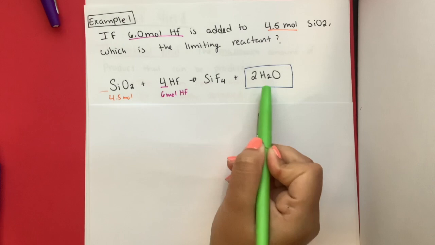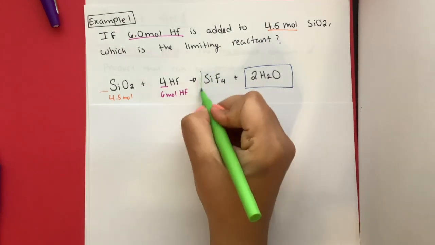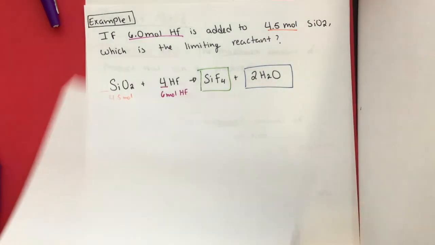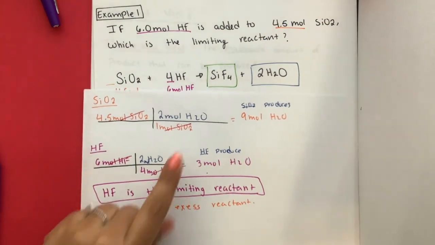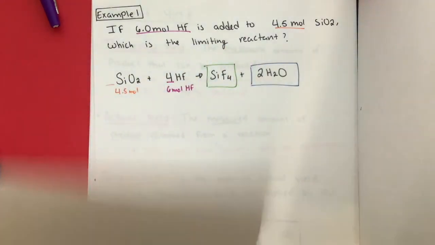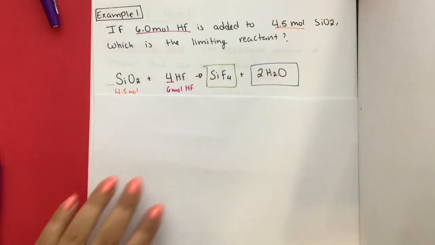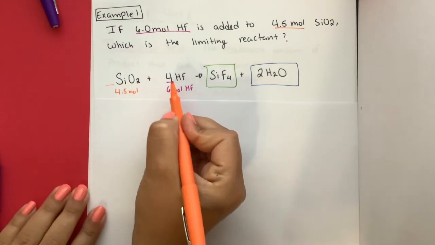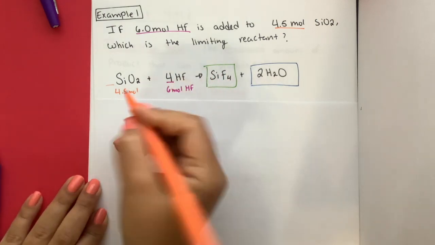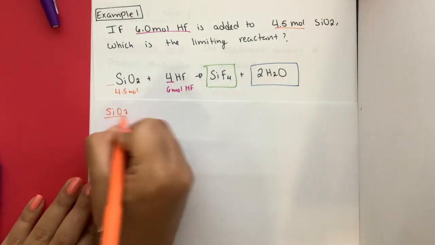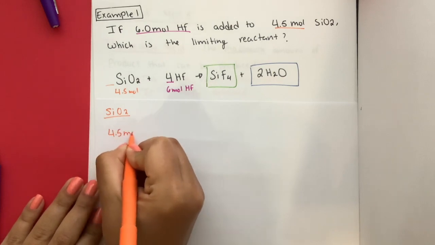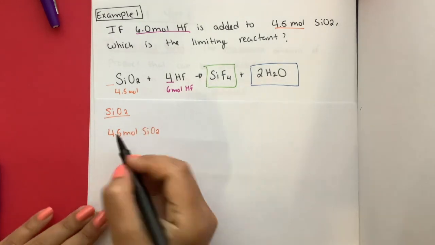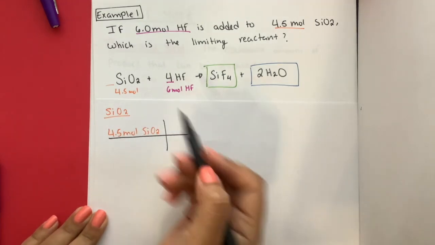Let's say that instead of solving for water, like I did in the previous problem, I now solve for SiF4. Same thing. I'm going to get each reactant and solve for the same product. So looking at SiO2, I have 4.5 moles of SiO2. Since I'm already in moles, I'm going to use a mole ratio.